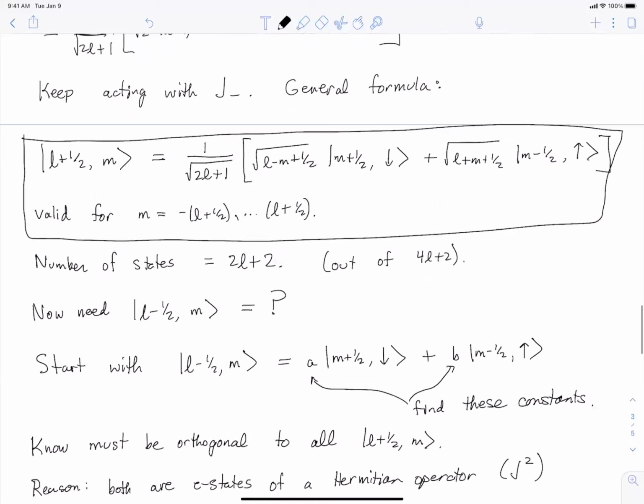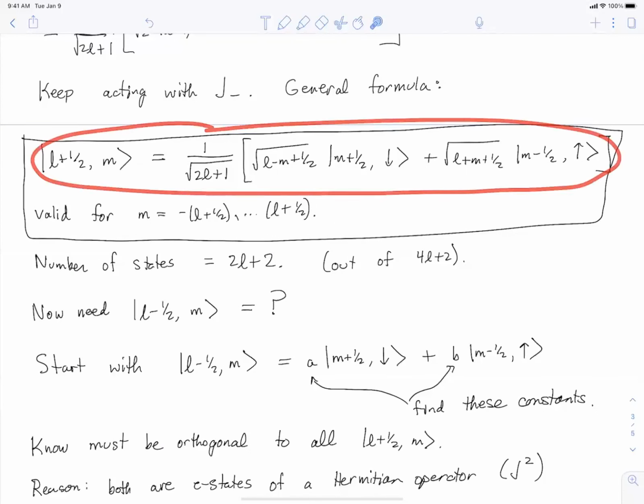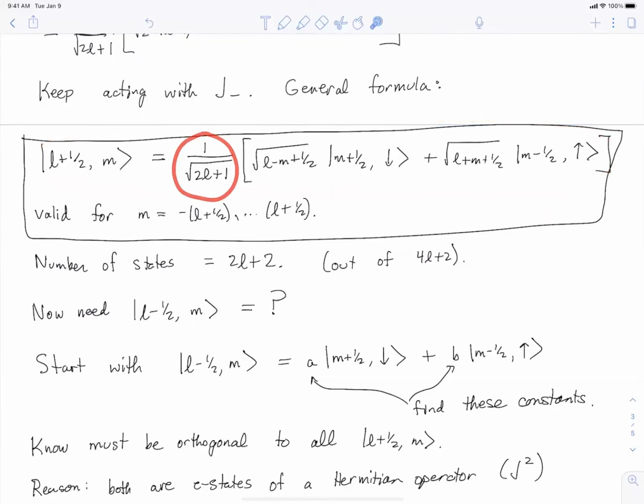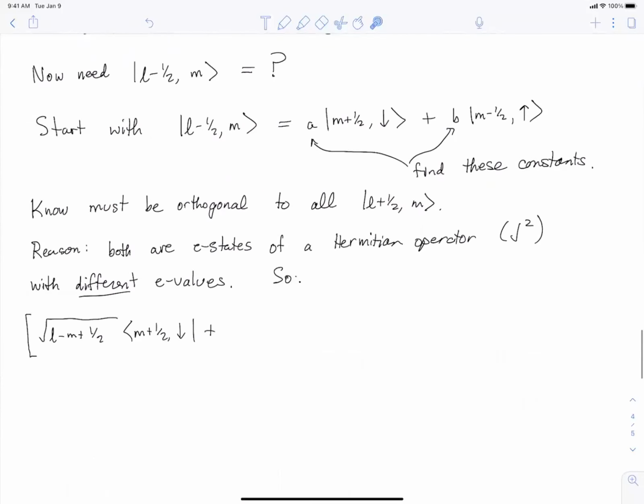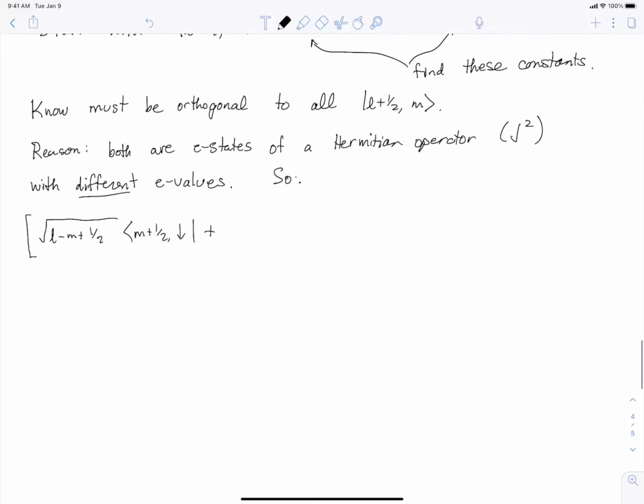I'm rewriting the bra corresponding to this state. But I'm neglecting that because I'm just going to set it equal to 0. Okay, and then there's a square root of L plus M plus 1/2, M minus 1/2, up arrow. Okay, and then here I'm going to write our candidate state.